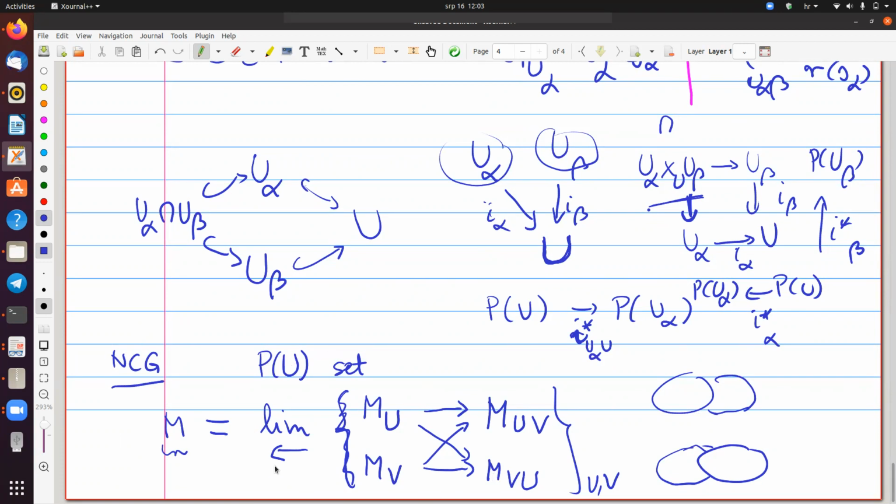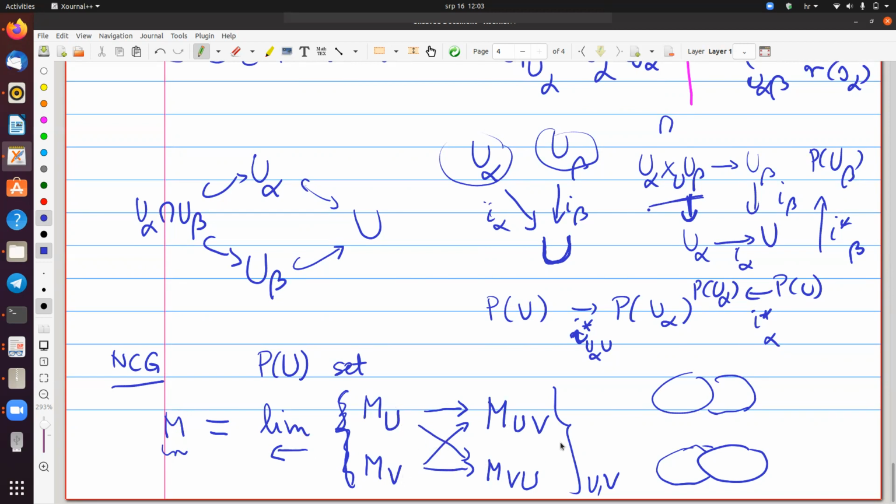If all M's in a certain category of modules or sheaves or more general objects glue, in the sense that I can obtain global objects from local objects which agree on the intersections, if I can glue them together by the limit construction to a single object M on the union of all these UVs.